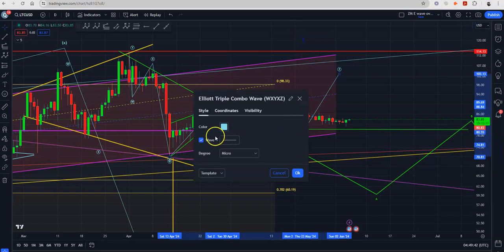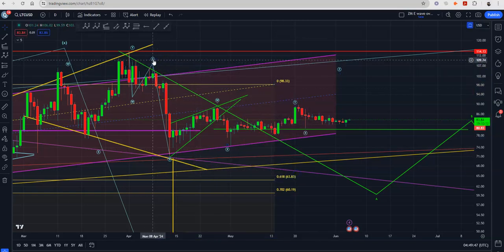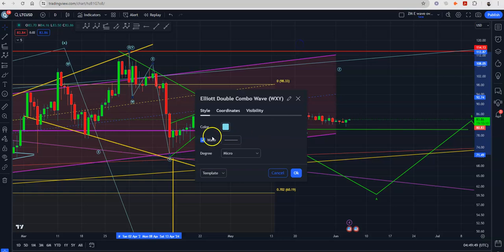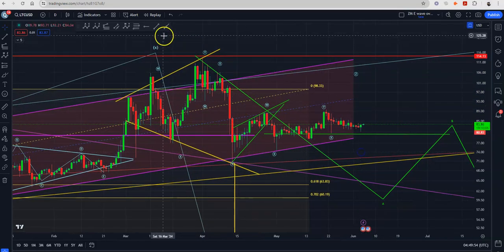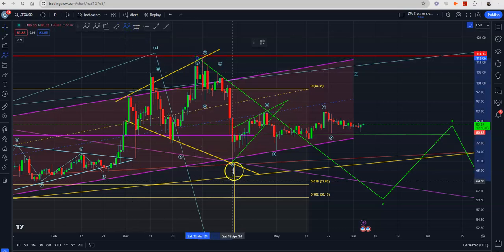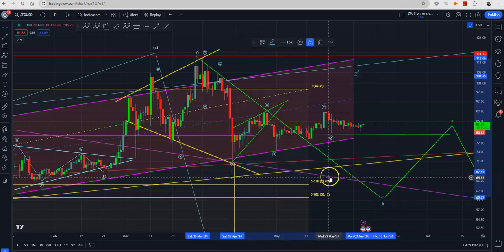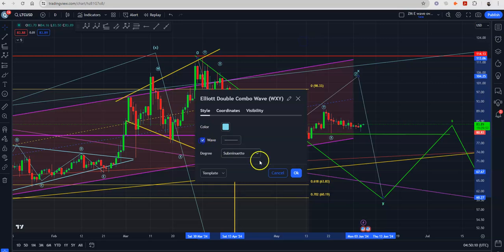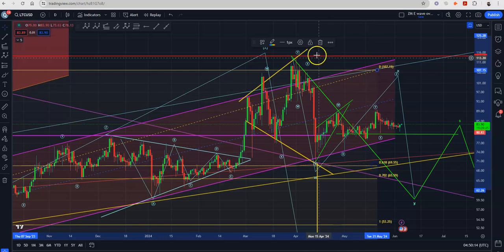Well, let's remove this here. Alrighty. And we will keep this as the current Litecoin count for a W, X, Y, for a W wave. Alright, that's what we will do. And let's see how it plays out.